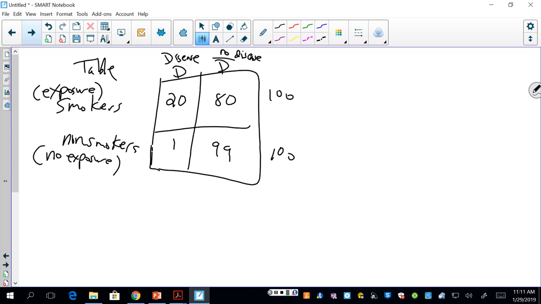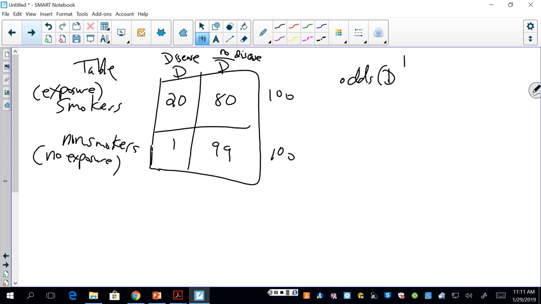So we could look at the odds of disease given your status. So what's the odds for the disease among those that have exposure, the smokers? We want the probability of disease among the smokers divided by the probability of those that do not have the disease.